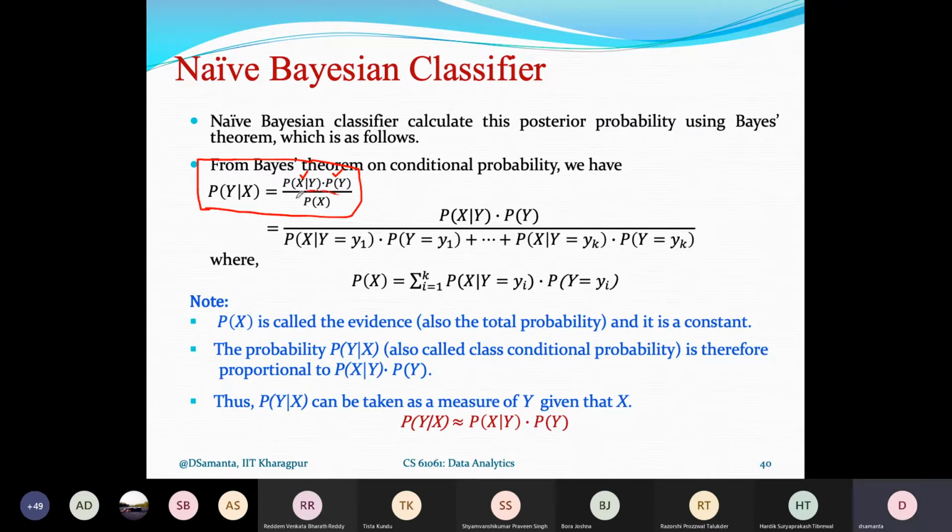In the denominator, this is the probability P(x): what is the probability that x occurs in the table? This is actually called the total probability. This P(x) can be calculated using the formula that I also discussed in the last class.